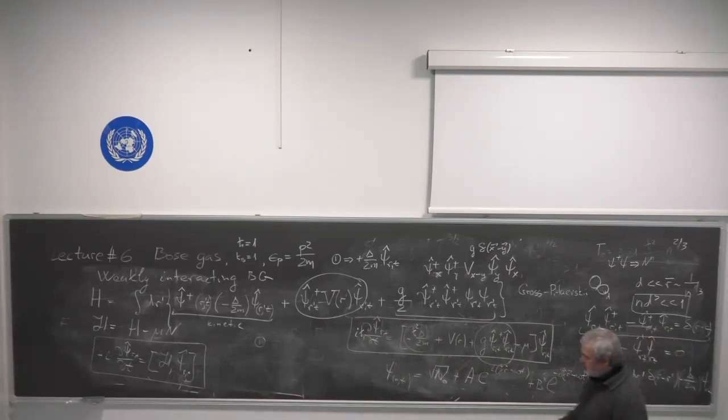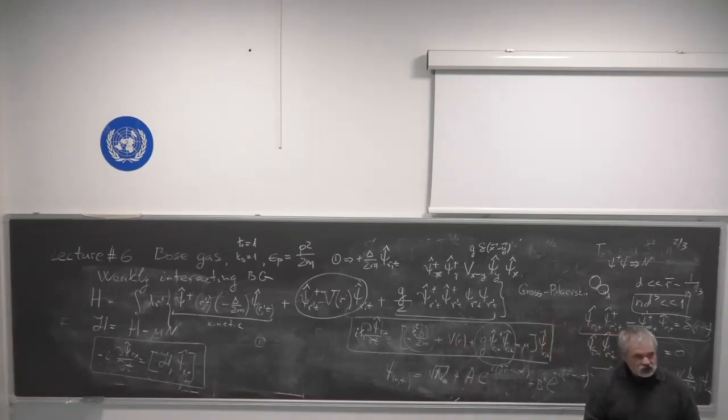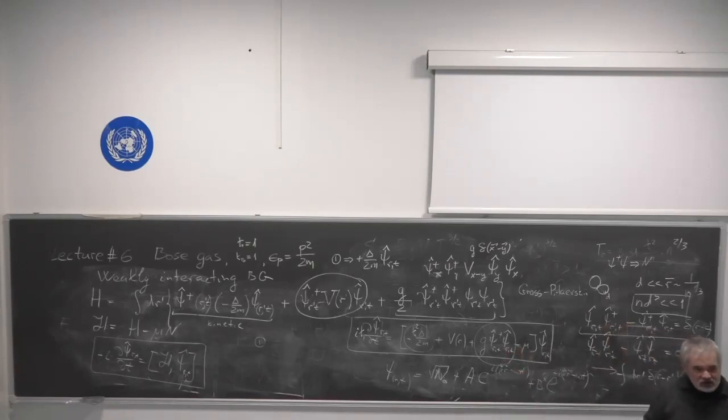By using the fact that N_0 is a large number, I can plug it in here, take into account terms which will be proportional to N_0 to the power 3/2 and N_0, and disregard terms which will be proportional to the square root of N_0 and do not contain N_0. As a result, you will get a system of linear equations. This is a way to linearize your nonlinear Schrödinger equation.